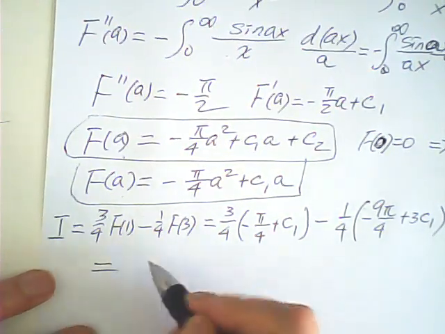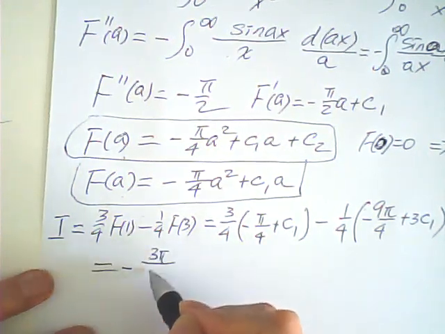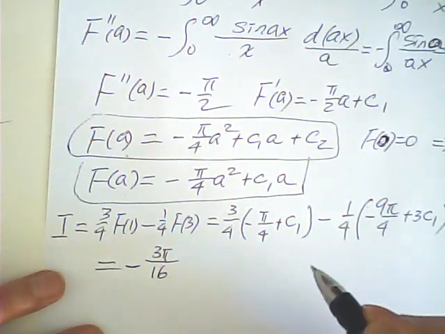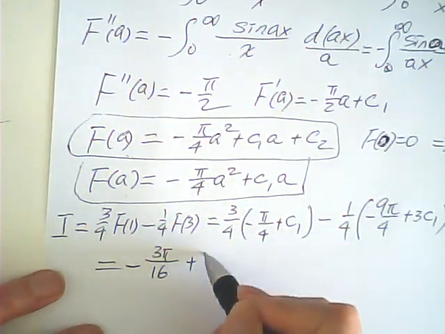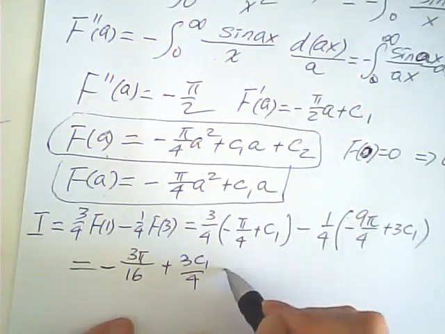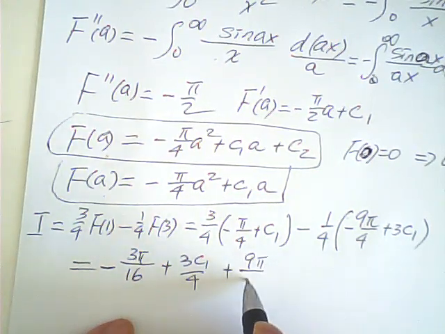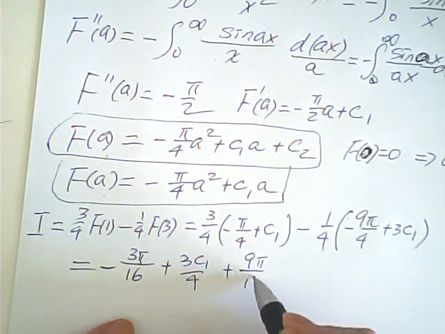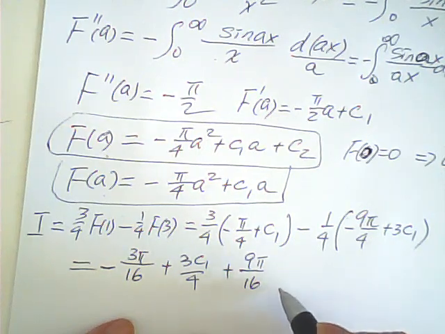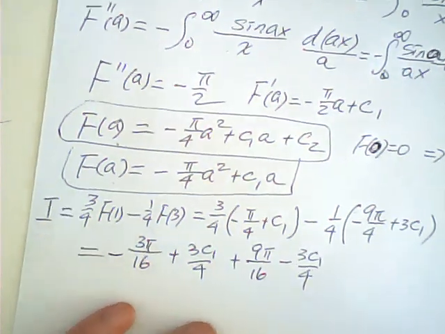Then this will be equal to negative 3 pi over 16 plus 3C1 over 4 plus 9 pi over 16 minus 3C1 over 4.